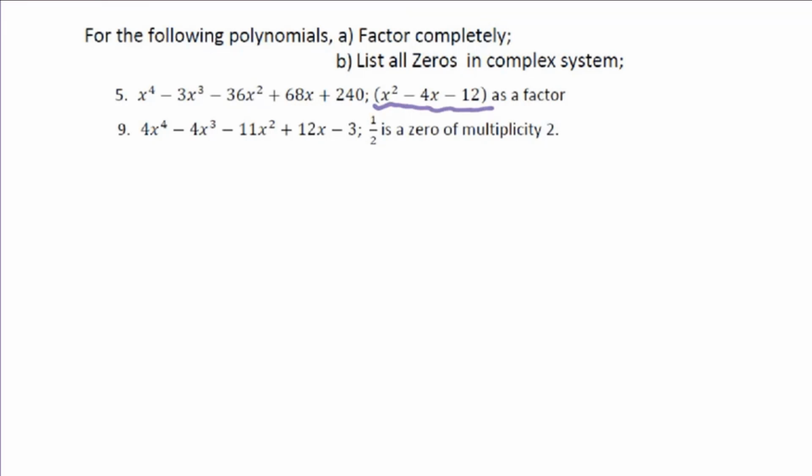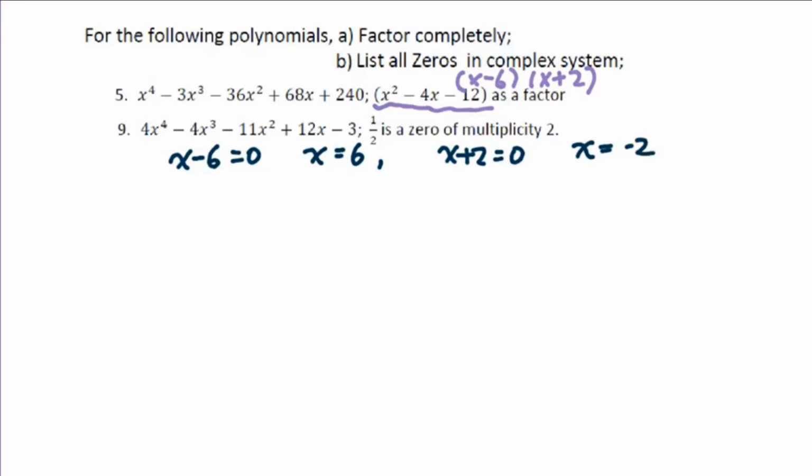We know x squared minus 4x minus 12 is a factor. We try to factor this quadratic function, that is x minus 6 times x plus 2. In this case, we still use synthetic division. We set x minus 6 equal to 0, x equal to 6, and x plus 2 equal to 0, then x equal to negative 2.